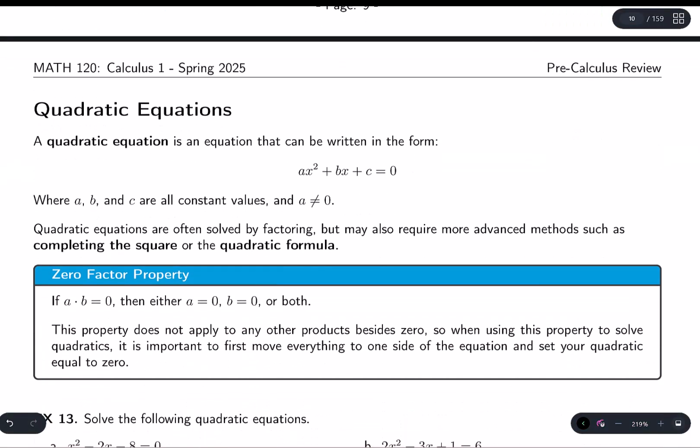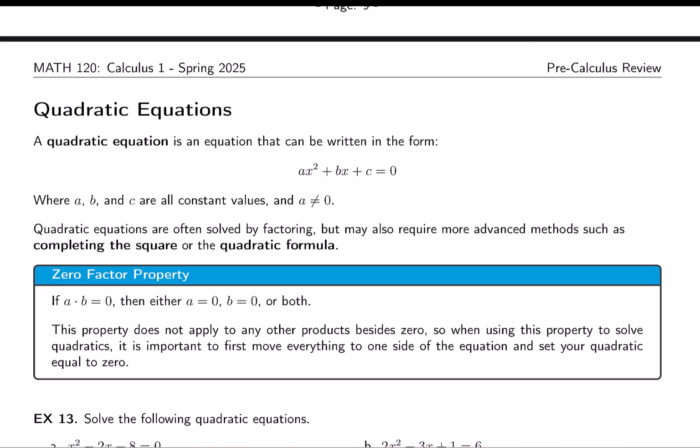Quadratic equations are the next thing that's really important in a calculus class to make sure you can adequately work with here. Now, there's not nearly as much in terms of graphing, but for the most part, being able to solve quadratics, that's really the most important skill that you need to be able to do. And this is often a stumbling point for students.